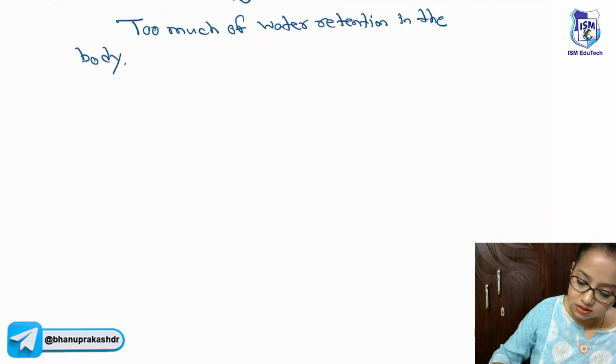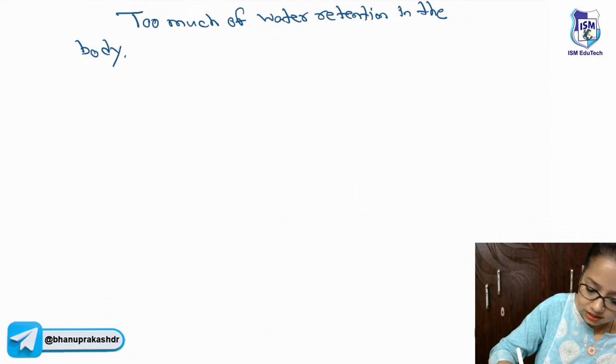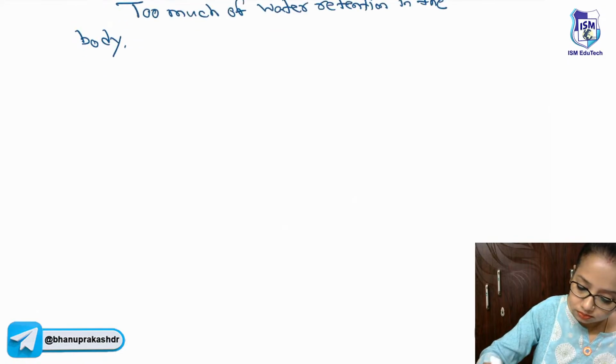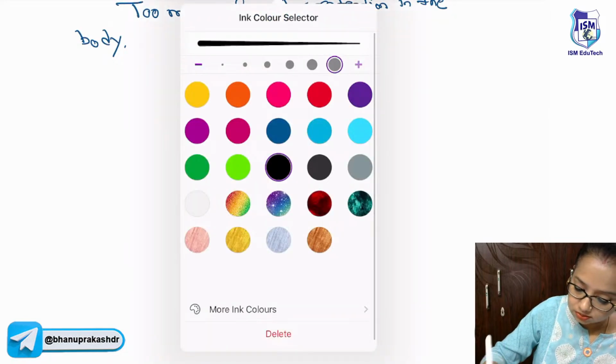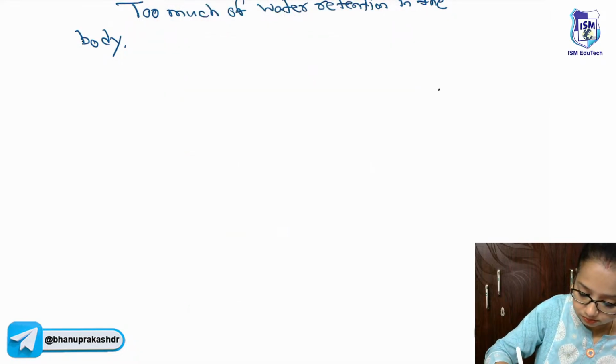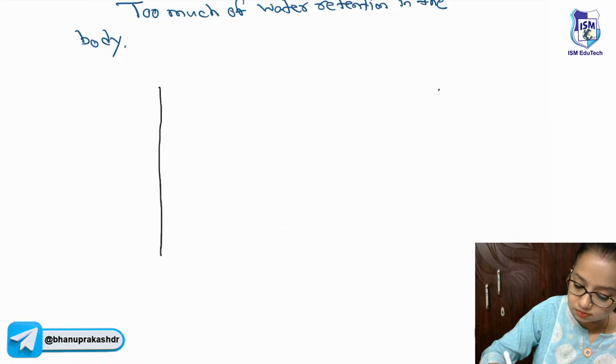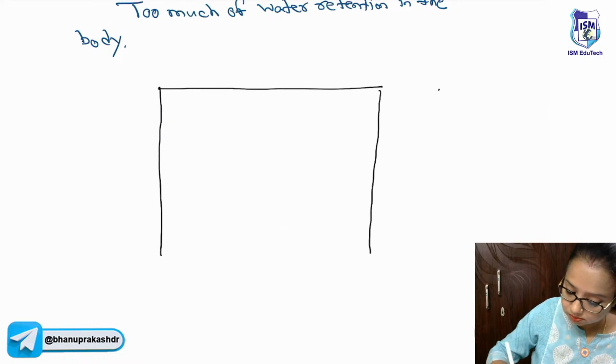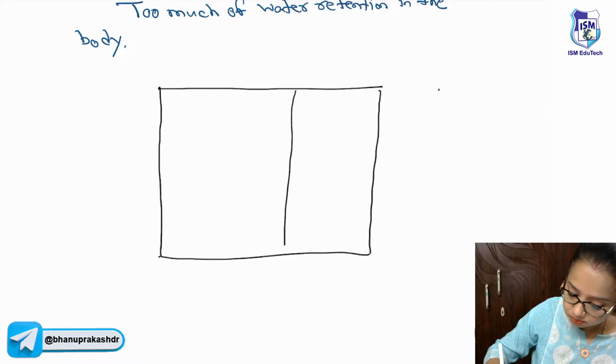That we can understand with the Darrow Yannet diagram. So the diagram, if we draw here, it will be like this. Okay, again, this is the ICF and this is the ECF.